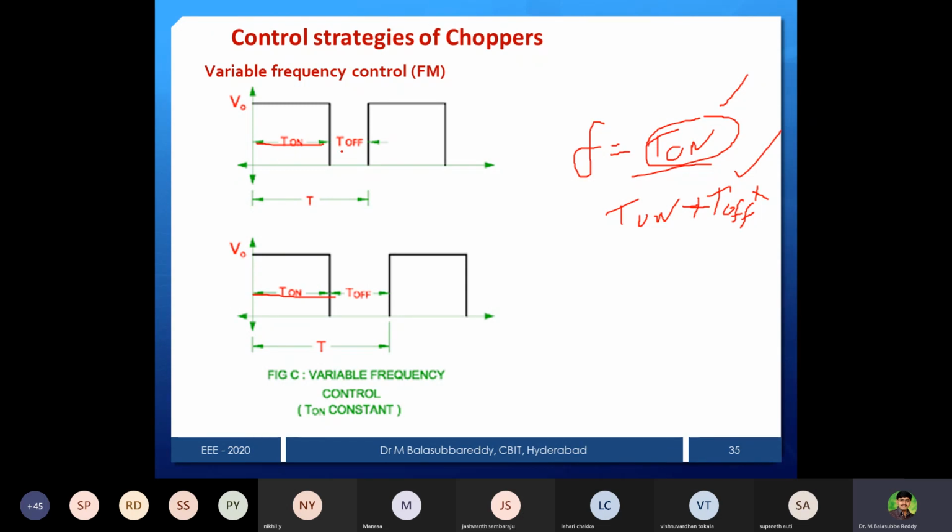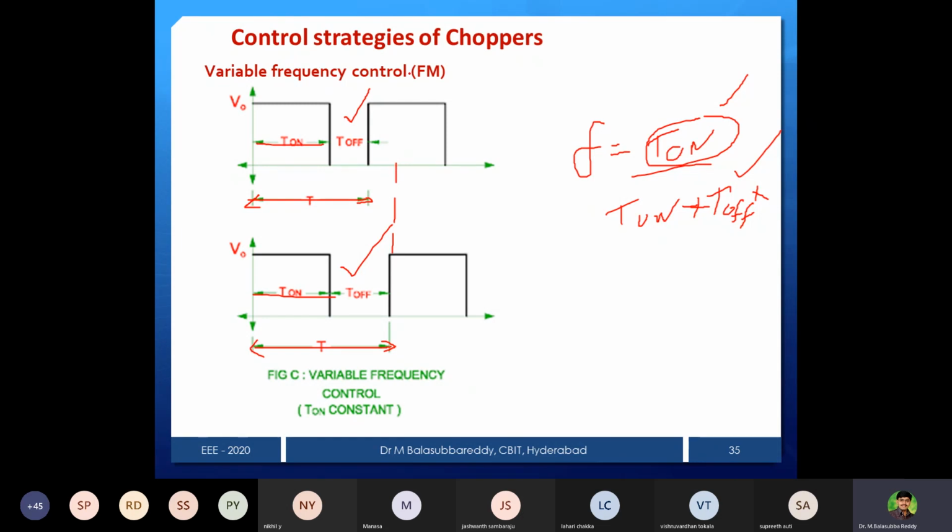The delta is varied by controlling the off period. Here the off period is small, here it is more. So delta varies, the time period varies and frequency varies. Every value of delta gives a different frequency.